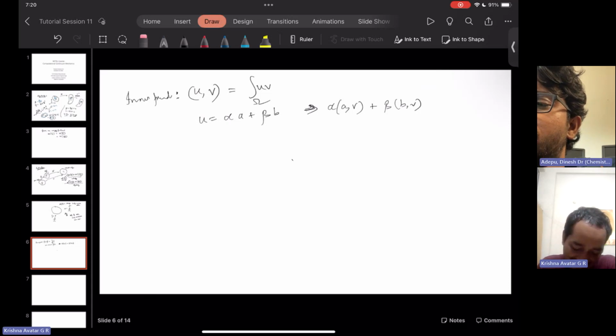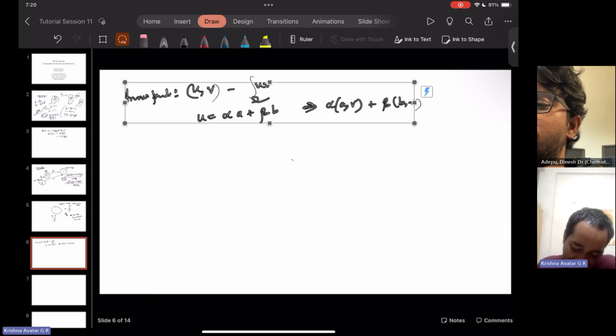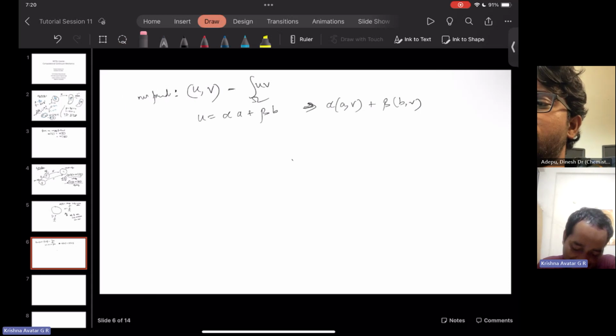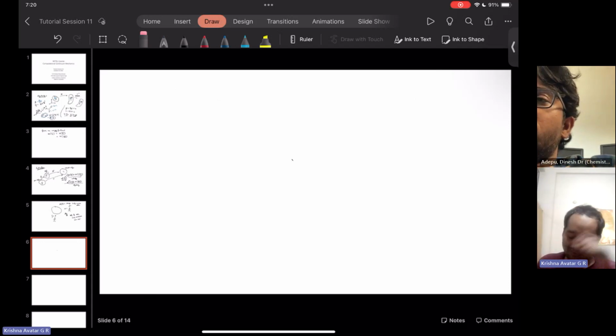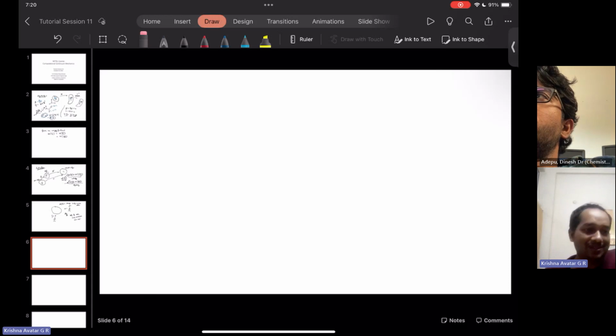I have never seen this explained, but I think this could be the reason: it's linear in both the arguments. It's just like asking why we need an orthogonal basis, when even a linearly independent basis does the same work.